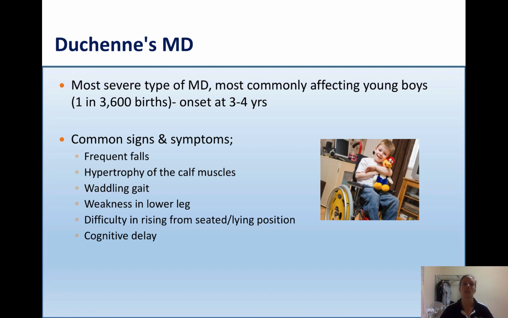One to note as well is difficulty in rising from a seated or a lying position. So obviously when you're losing all that strength and muscle in your lower body, you're going to start to rely a little bit more on your upper body. So you start to see children at a young age really having to use their arms when they're trying to get up off the floor, which is again quite a common sign for these young children.